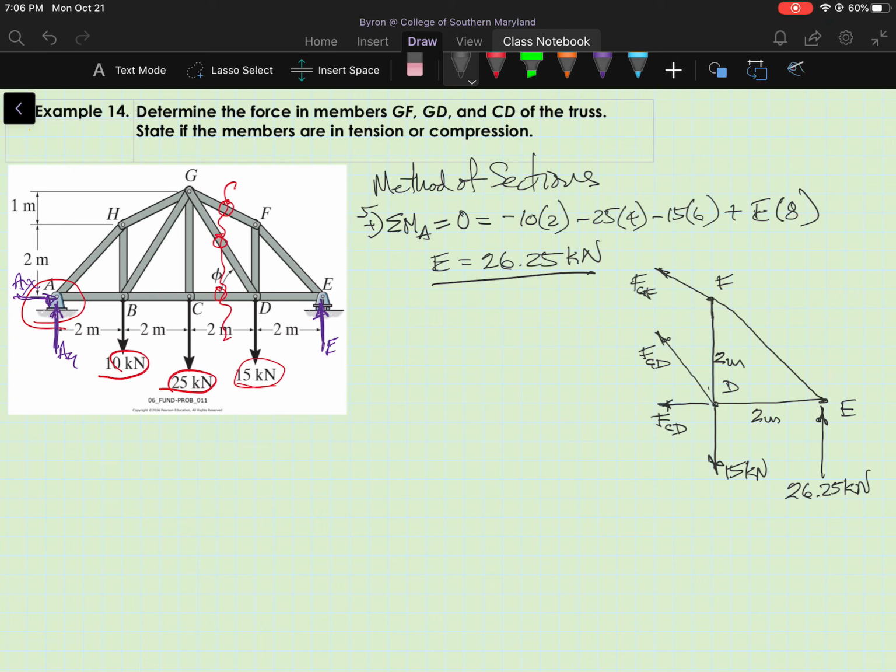And if we look back at the dimensions on the truss, this FCD has a slope triangle with sides of 2 and 3, which is going to make the hypotenuse root 13, and FCF had a slope triangle with sides 1, 1, and 2, which makes the hypotenuse root 5.